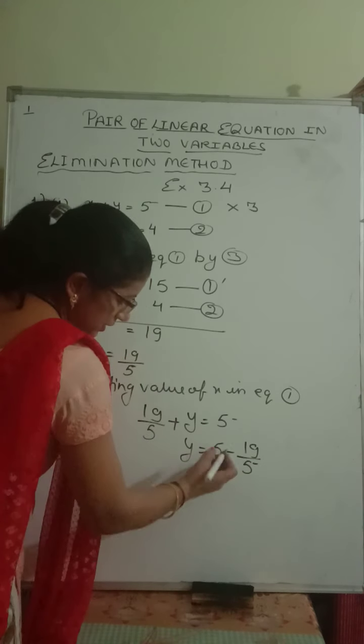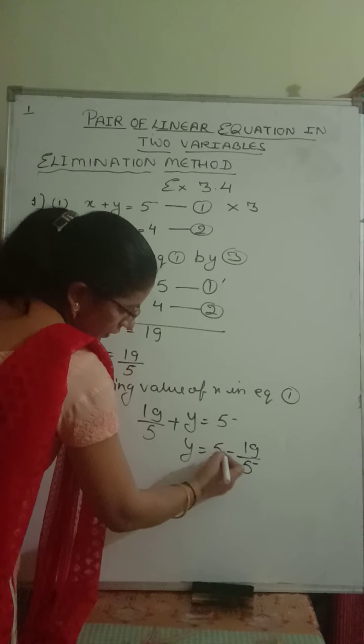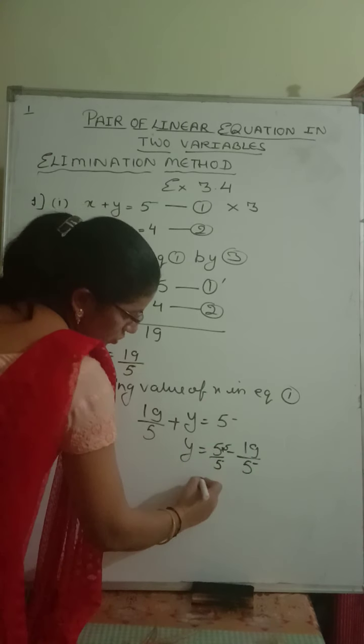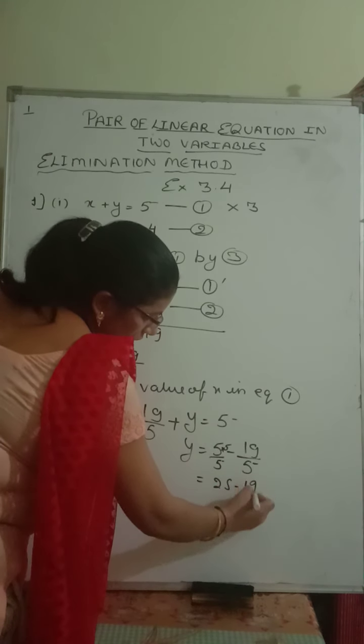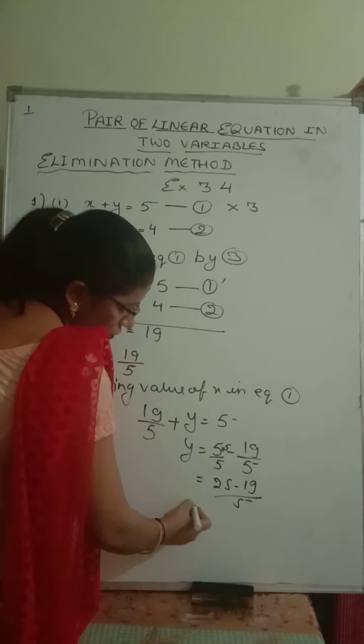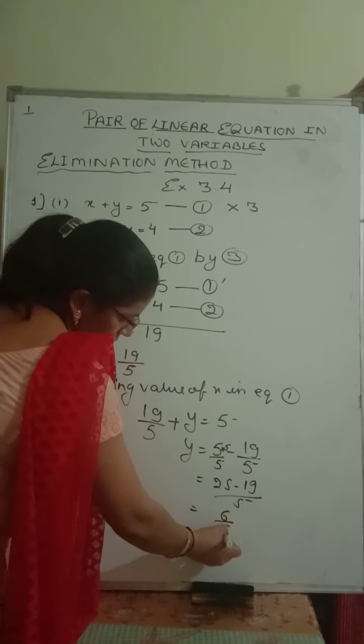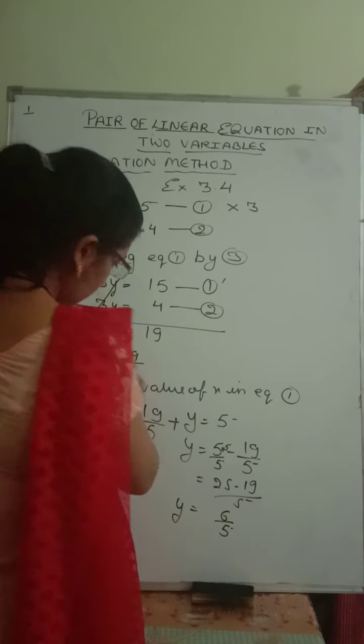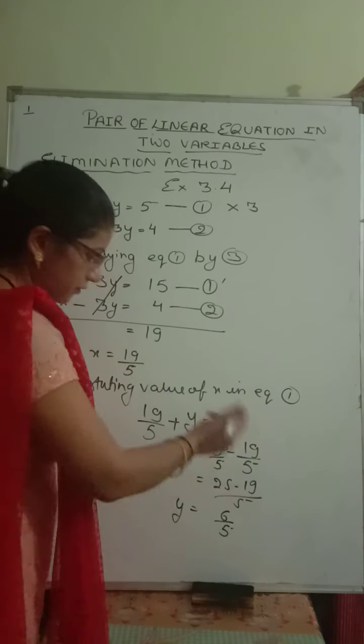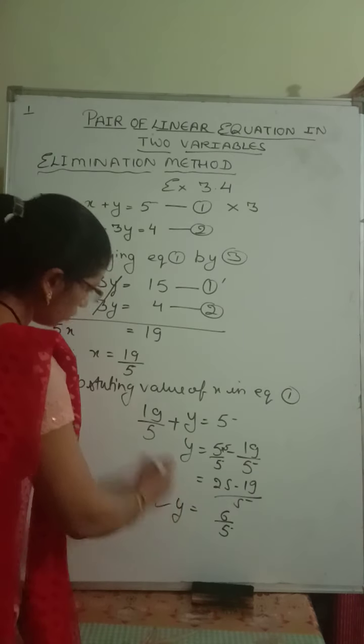We have to take the LCM, so we make it over 5 and here we also multiply by 5. So it becomes 25 minus 19 upon 5. How much is left? 6 upon 5. So this is our value of y. So x is 19 upon 5 and y is 6 upon 5. These are our values of x and y.